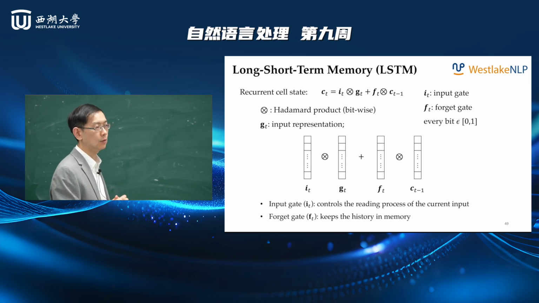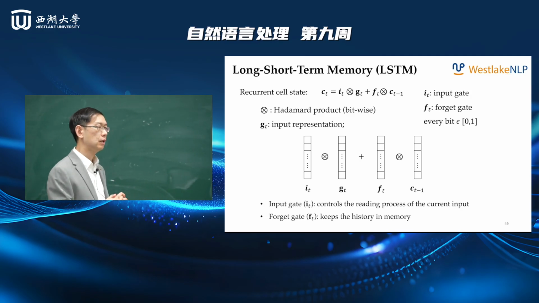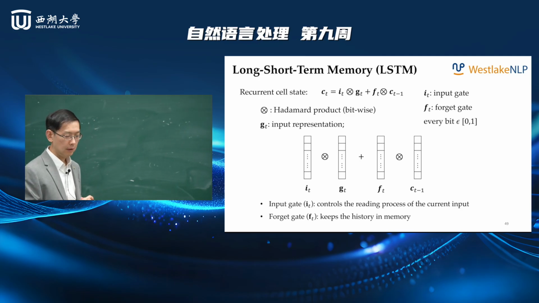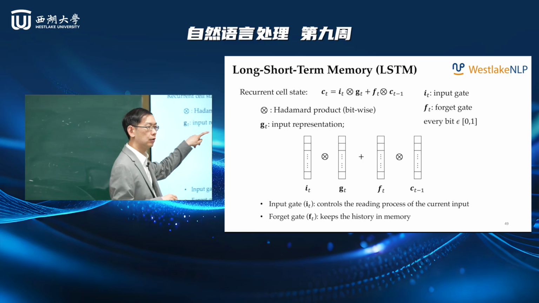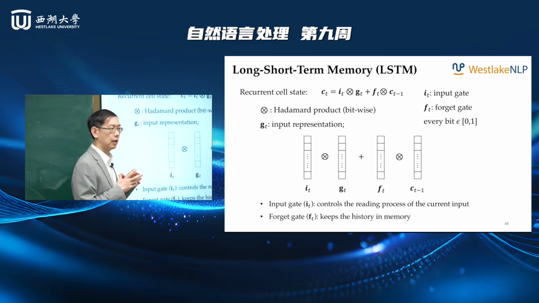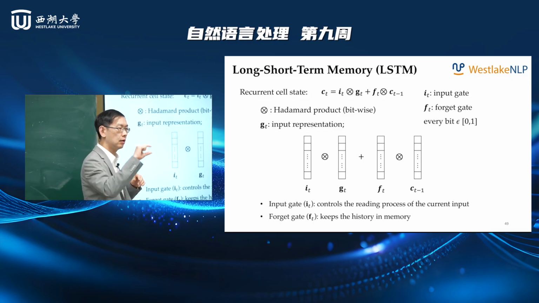Is it tanh or sigmoid? Sigmoid, right? Tanh gives a value between minus 1 and 1. So i_t and f_t are called two gating functions. Every element in these two vectors is a value from 0 to 1.